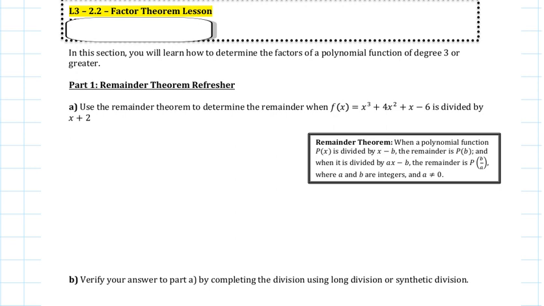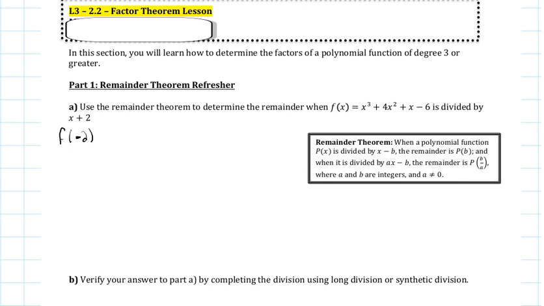So the first question here is asking you, use the remainder theorem to determine the remainder when f of x is equal to x cubed plus 4x squared plus x minus 6 is divided by x plus 2. Remember, with the remainder theorem, to determine the remainder, I have to plug in the factor, which in this case is -2.